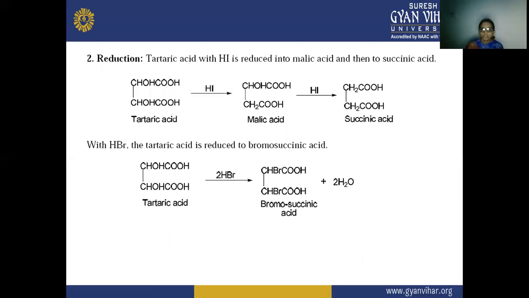Next is the reduction. In the reduction, when tartaric acid is reduced in the presence of hydrogen iodide, there is a formation of malic acid. After that, when it is reduced again, there is a formation of succinic acid.